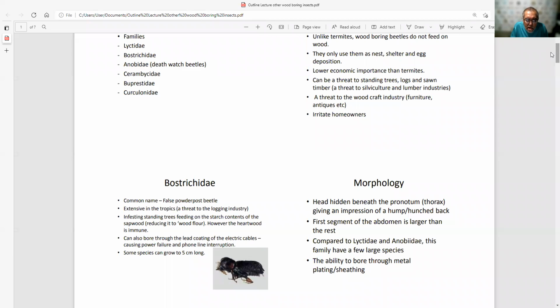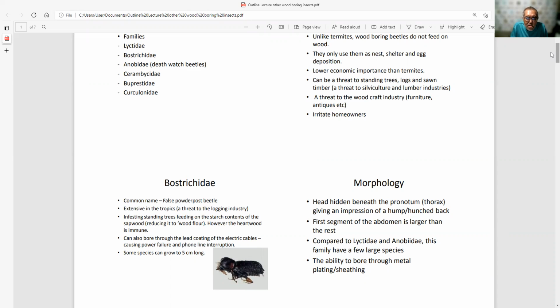Maksudnya kumbang tu sudah ada di dalam sawn timber ataupun kayu yang bergergaji tadi sebelum diolah menjadi perabot, tetapi setelah ianya siap, kumbang tadi keluar, mencacatkan rupa bentuk dan juga design perabot tadi.